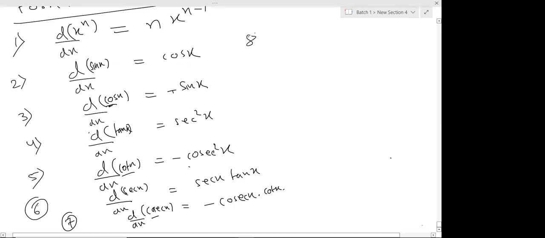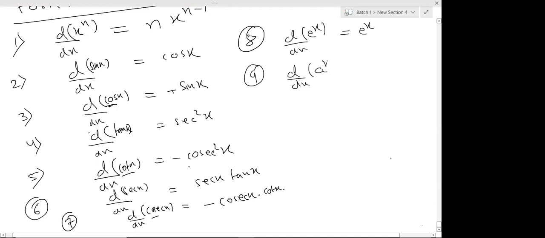All right, a few more are there. Differentiation of e raised to the power x is the same, e raised to the power x. Differentiation of a raised to the power x, where a is any positive constant, is a raised to the power x log a.